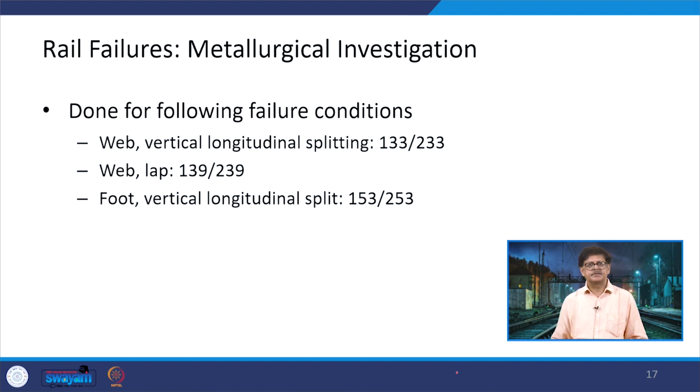Along with that, in the case of a web there is a vertical longitudinal splitting which is 133 and 233 being coded, or there is a web lap which is occurring as 139 and 239 code, or in the foot there is a vertical longitudinal split which is coded as 153 and 253, then in all such cases the metallurgical investigations are initiated.